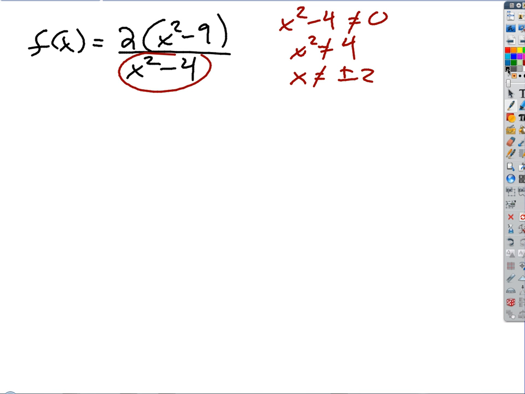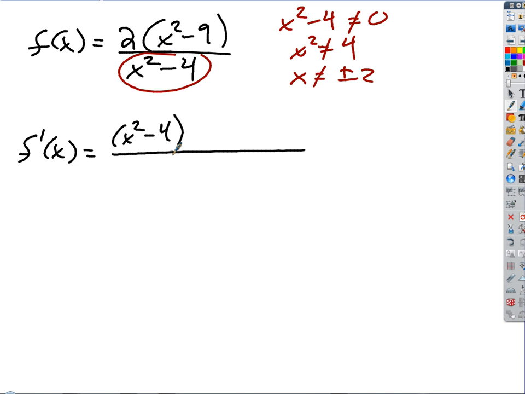So how does the quotient rule go? Bottom, so x squared minus 4 times the derivative of the top. What is the derivative of the top? I've got that 2 out front, and then what's the derivative of x squared minus 9? 2x, so 4x, good.